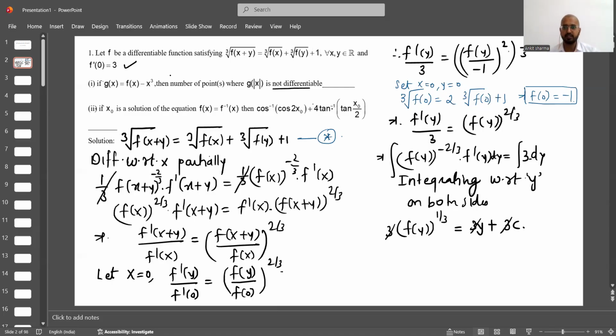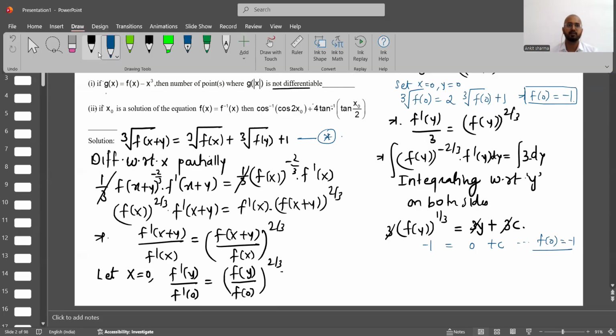Now we need to find c. For c, we use the condition that f of 0 is minus 1, so 1 equals 0 plus c, since f of 0 is minus 1. From here, we get c equal to minus 1.